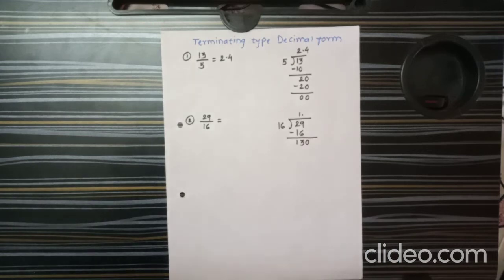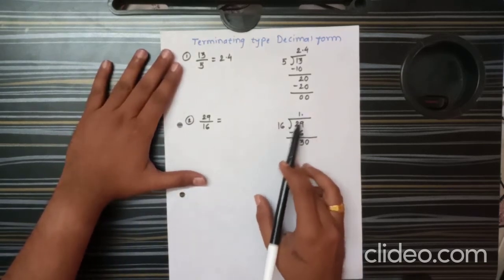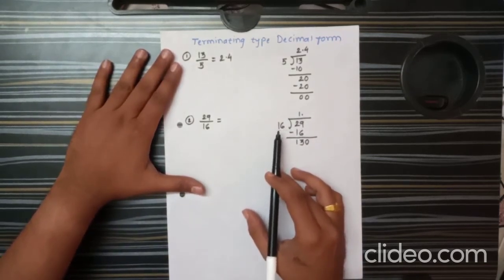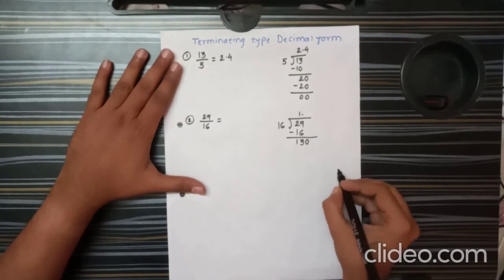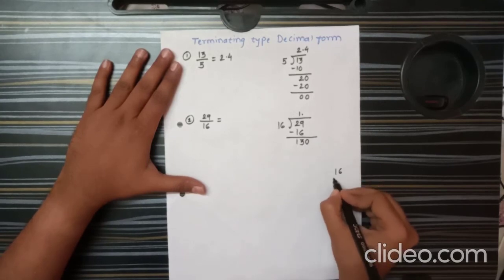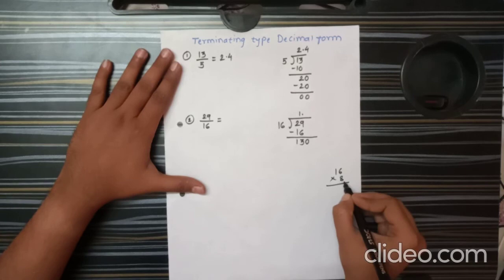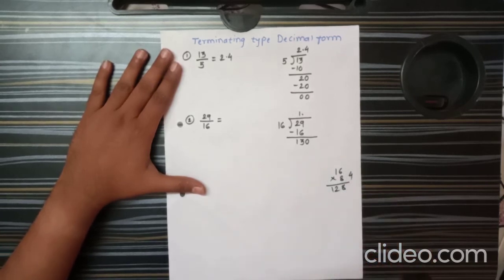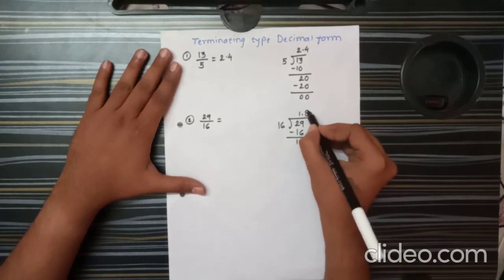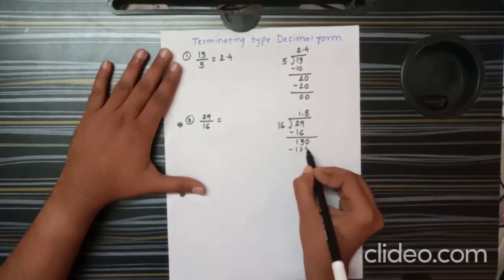If you do not remember any table, you can randomly perform the multiplication and come to the answer which is close to 130. 16 2s are 32, 16 4s are 64. So approximately we will take 16 into 8. The answer is 128. So 16 8s are 128.